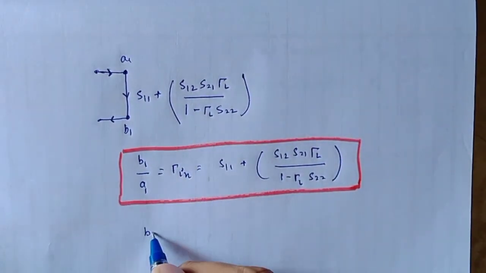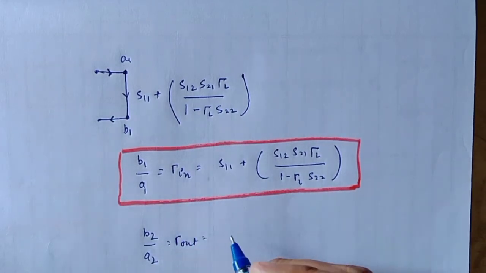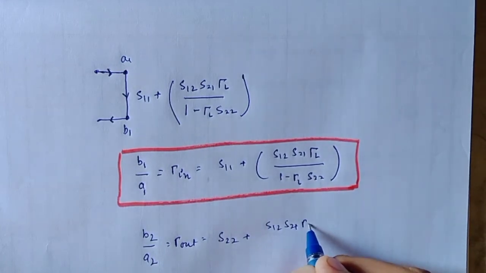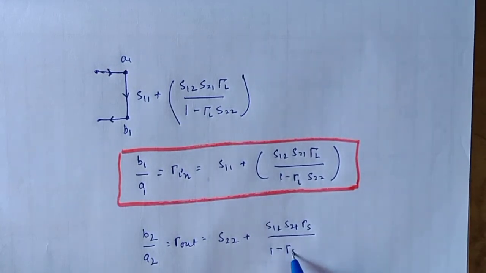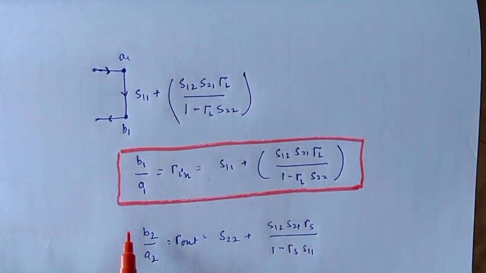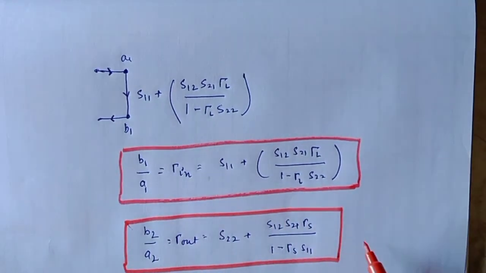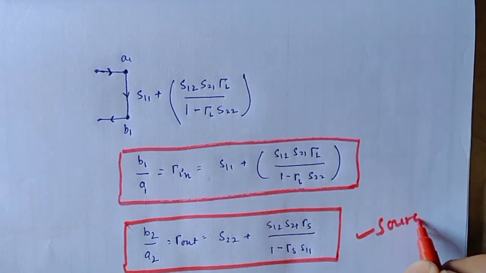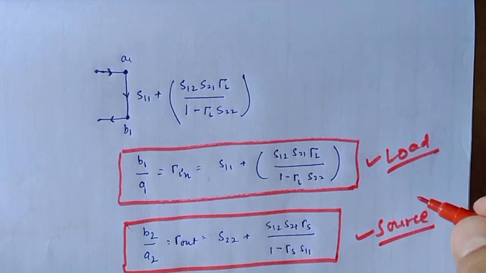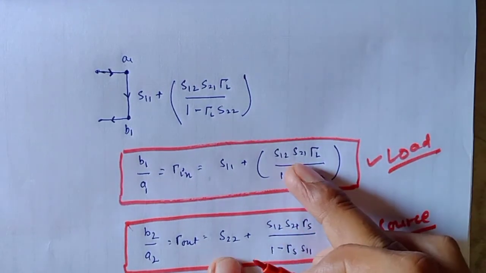We will get the relation b2 by a2, which is gamma out equals S22 plus S12 S21 gamma s divided by 1 minus gamma s S11. This will be the reflection coefficient gamma out with the source connected, and this is when the load is connected with mismatch. If both are matched, then in this case we will get S22, and in this case we will get S11.